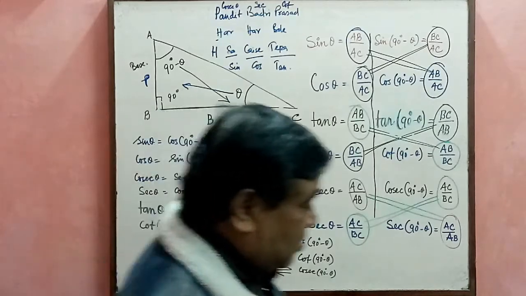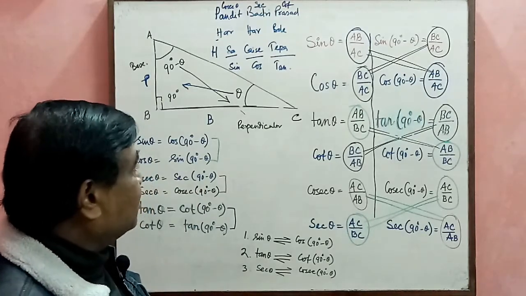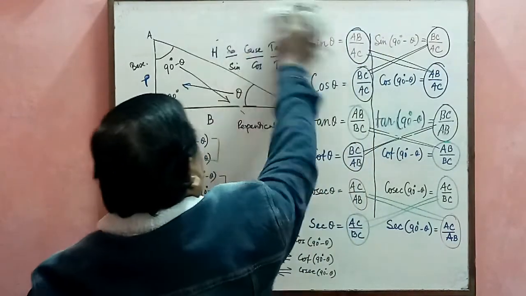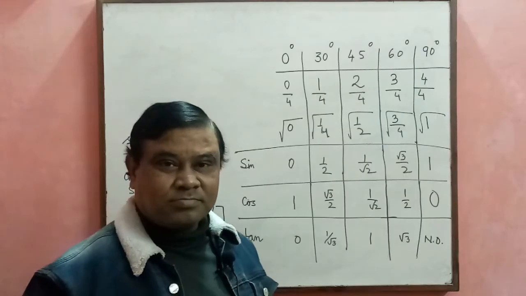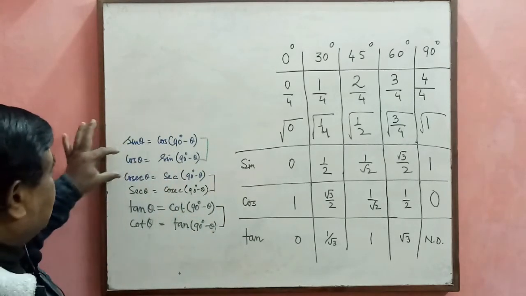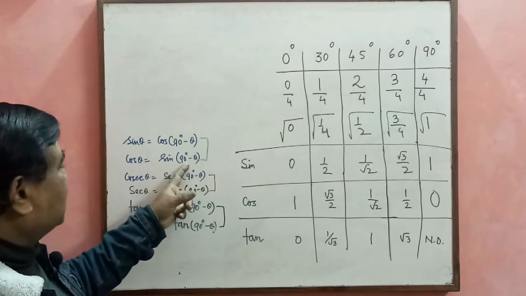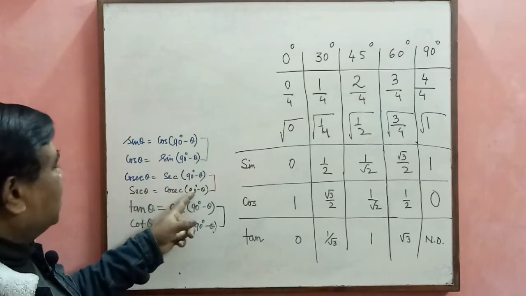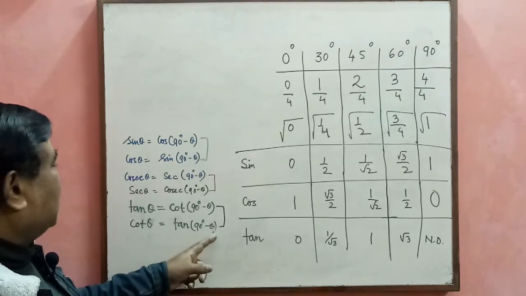Now, apart from this, we have known values of trigonometry in angles. So let me tell you what those are. We have 6 angular relations, like 2 pairs each: sine theta and cos 90 degree minus theta, cos theta and sine 90 degree minus theta, cosec theta and sec 90 degree minus theta, sec theta and cosec 90 degree minus theta, tan theta and cot 90 degree minus theta, and cot theta and tan 90 degree minus theta.